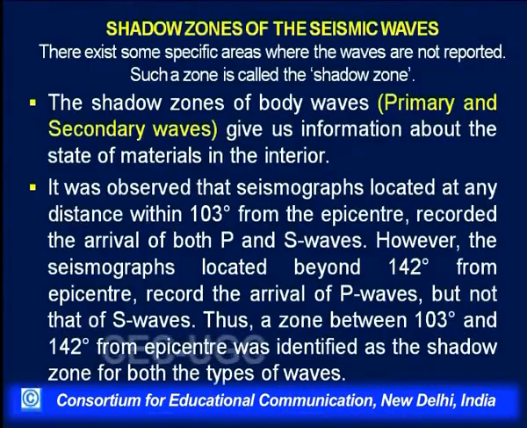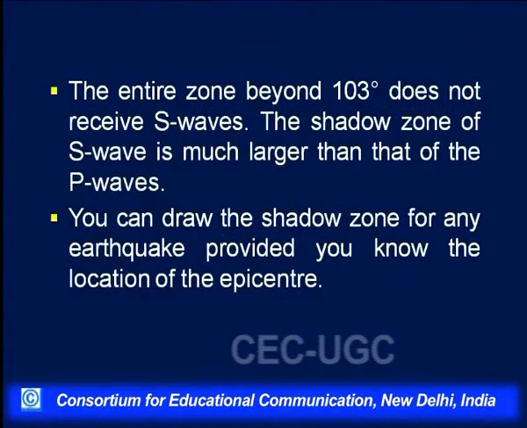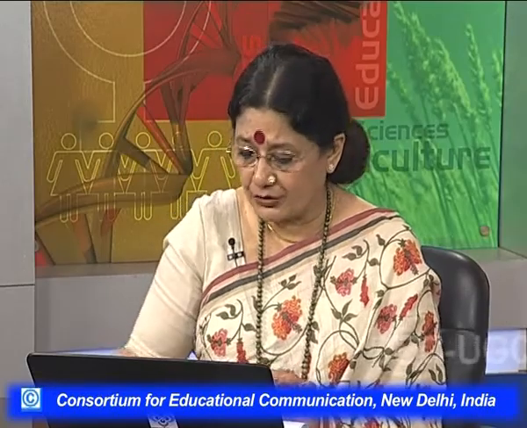So the shadow zone of S waves is much larger than that of P waves, so much so that the larger extent of the S wave shadow zone is even a little over 40% of the earth's surface. So these two types of shadow zones are very important.